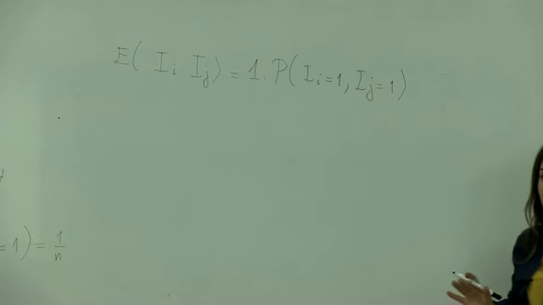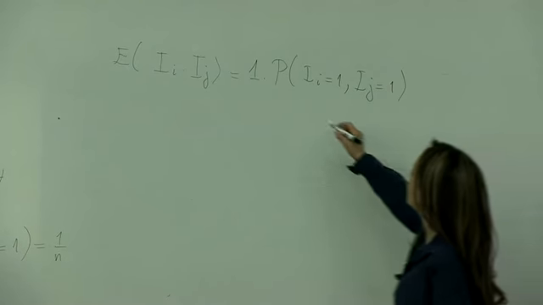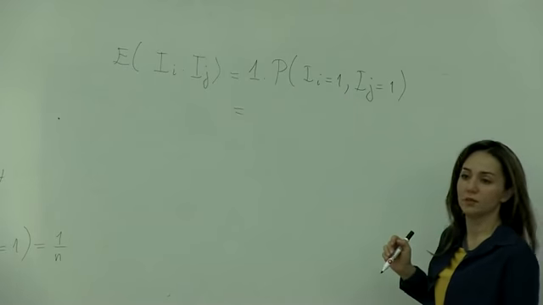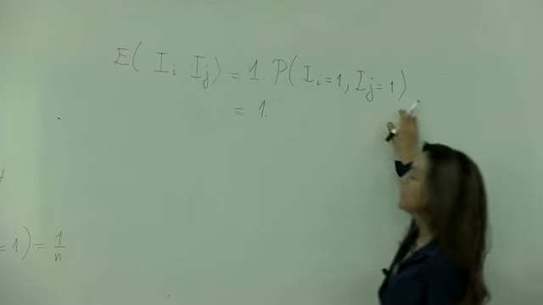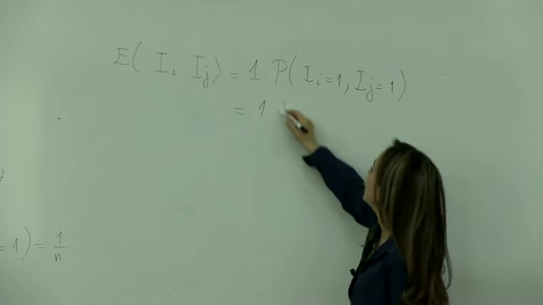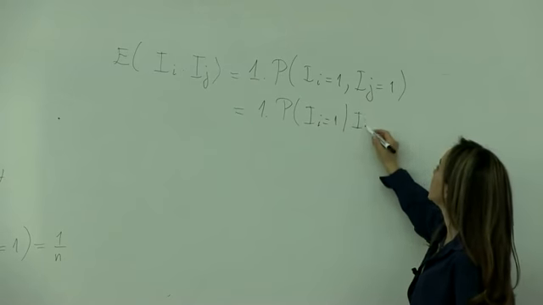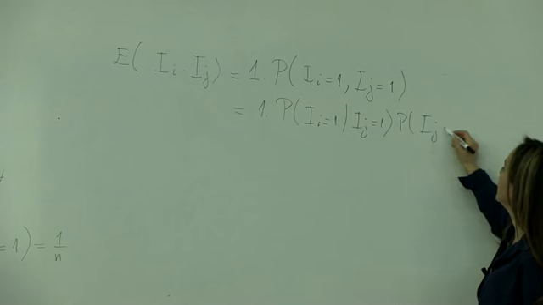Any problem here? So, what is the probability that I sub i is 1 and I sub j is 1? Well, we can break this up using conditional probabilities. This is the probability that I sub i is 1 given that I sub j is 1, times the probability that I sub j is 1.